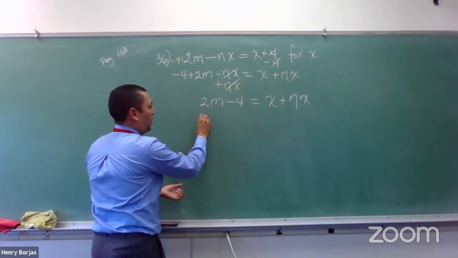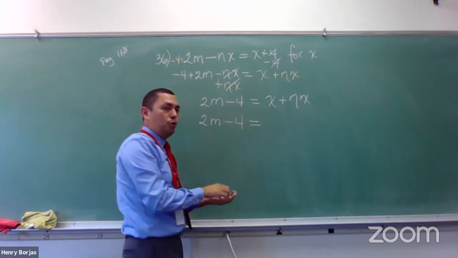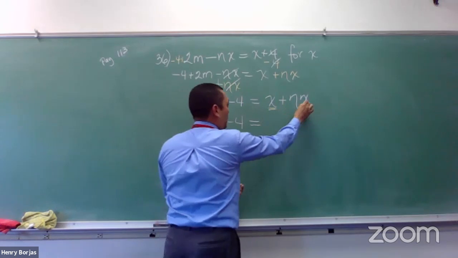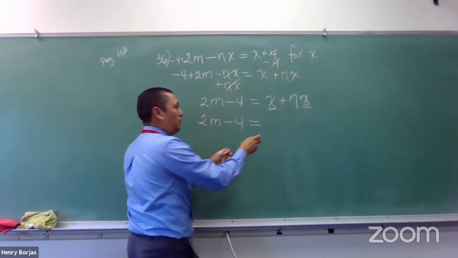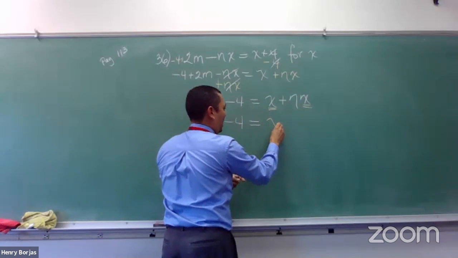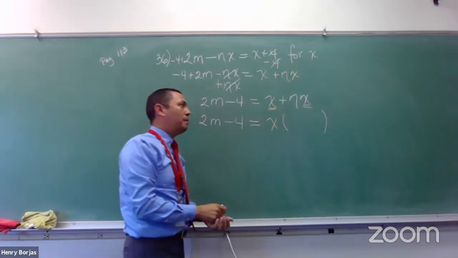So in this case, I'm going to have 2m minus 4 equals 2. The common factor is x. So I'm going to get it out of this expression. So I'm going to have x, you open parentheses, as you learned last year.